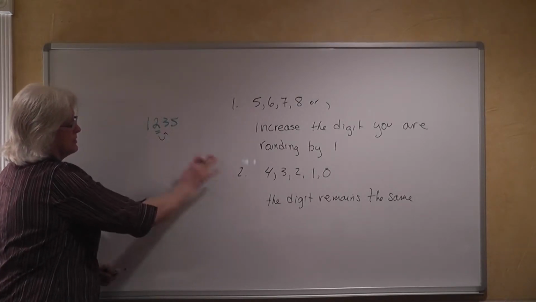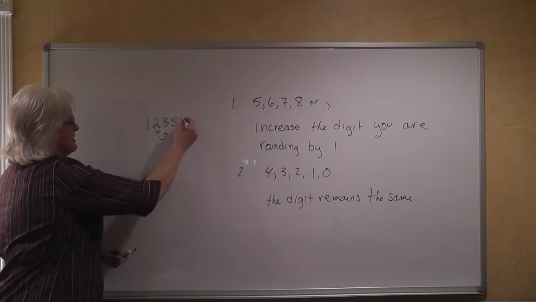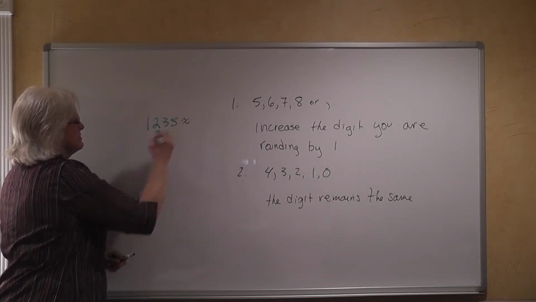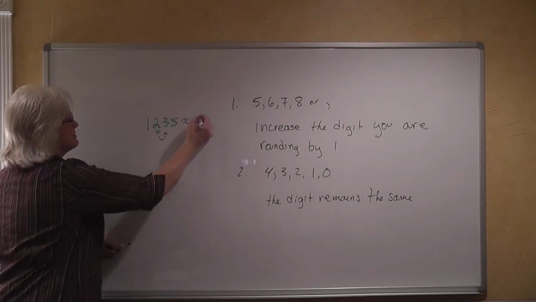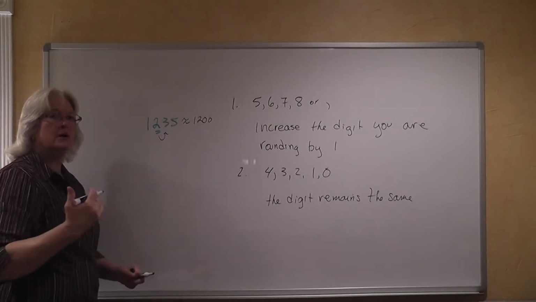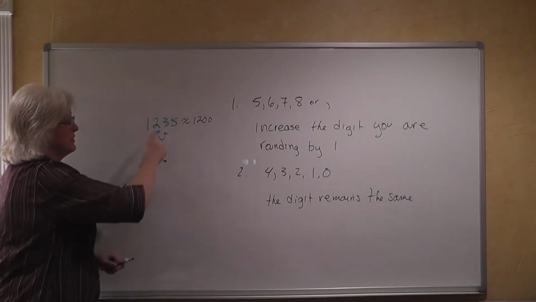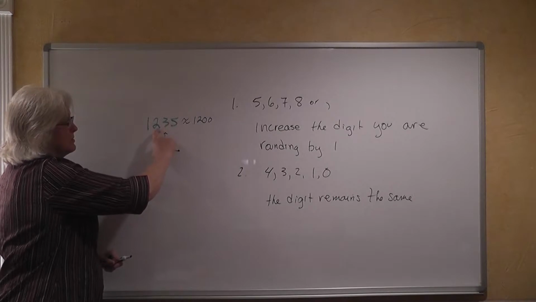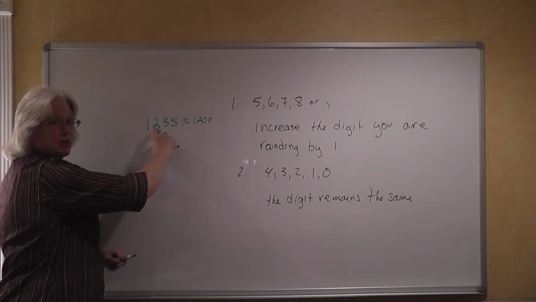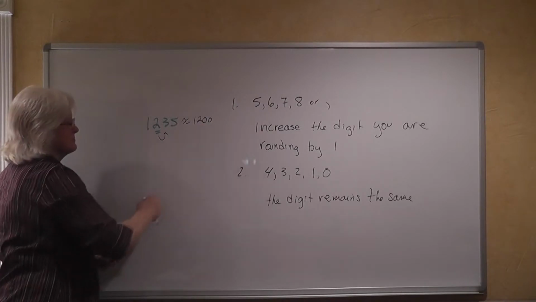We're going to keep the digit in the place that we're rounding to the same. So 1,235 is approximately equal to 1,200. Do you see this is a little bit different than rounding for the thousand? You have your digit in the place value to which you're rounding. All of the other digits become zeros.